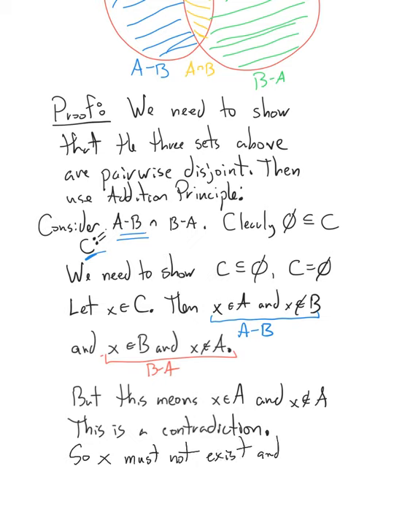And thus, C is indeed the empty set. So we're done with that. So we showed that A minus B and B minus A are pairwise disjoint.